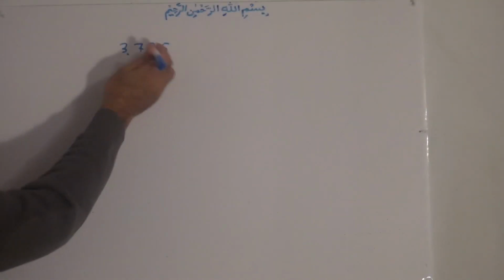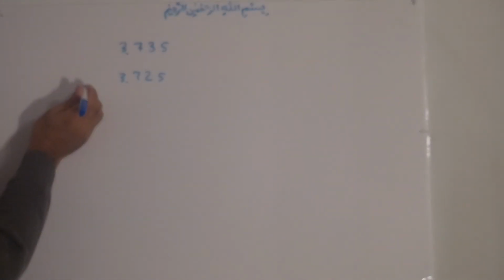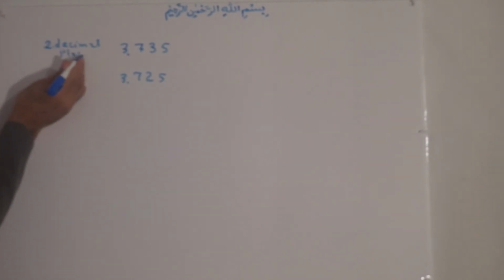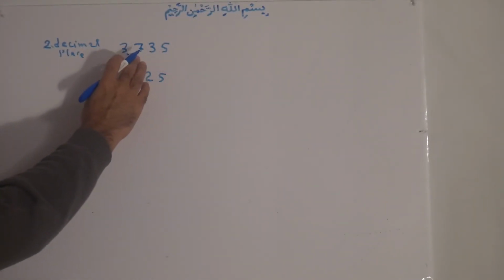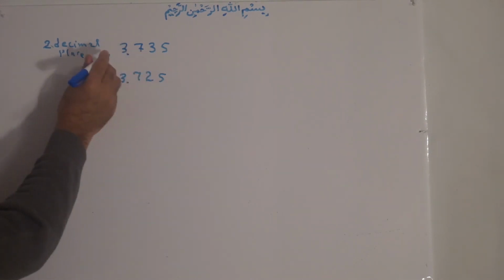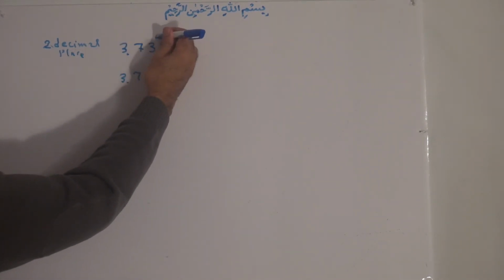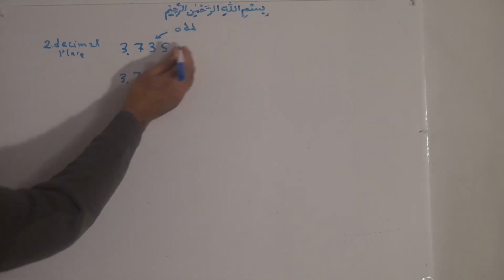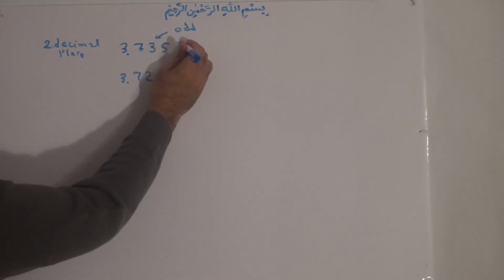In this case, if they ask to round off to 2 decimal places, both of them, we look at the second decimal place. If it is odd, as here, we make it even. It means we add one to this number.